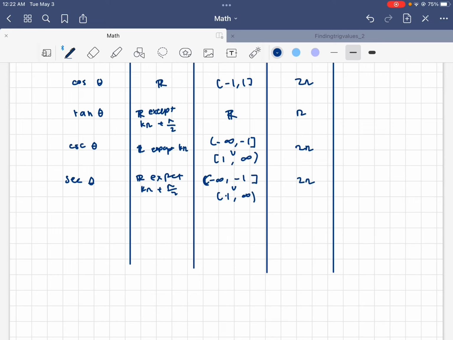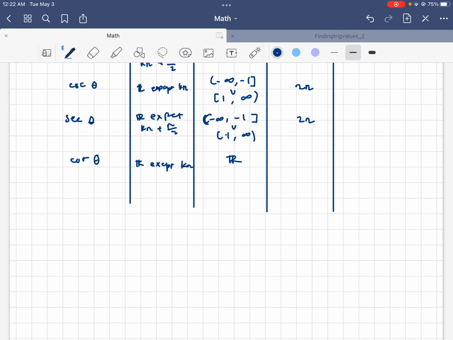Period is 2 pi. And the cotangent: the domain is all reals except k pi, the range is all reals, and the period is pi.